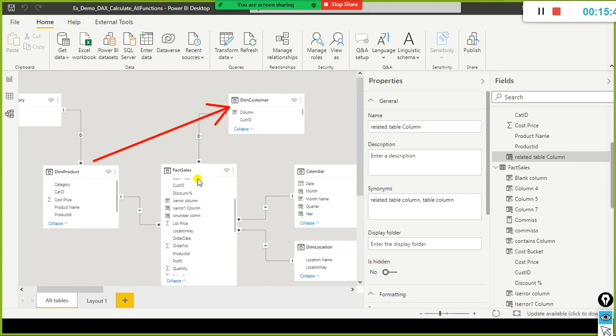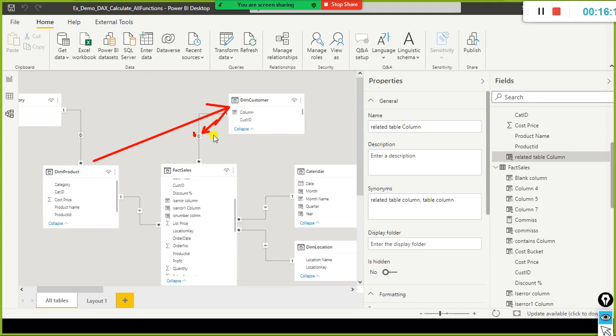Since if I enable the fact sales table to filter my customer dimension table, then obviously your product table can pick up the data from here also, right? But here there are two approaches. One is the manual approach, the other one is the programmatic approach. This is a bidirection, and I enabled bidirection already here, right?